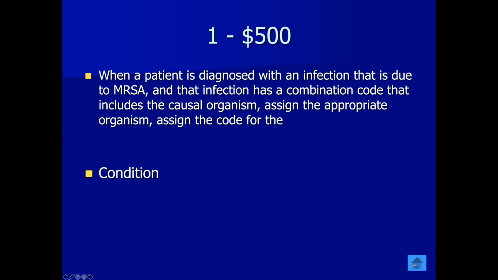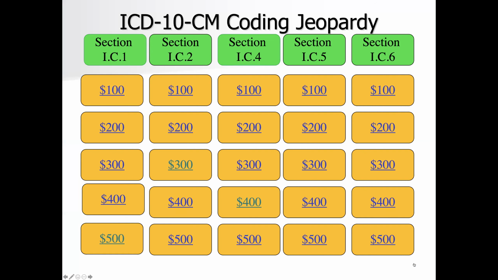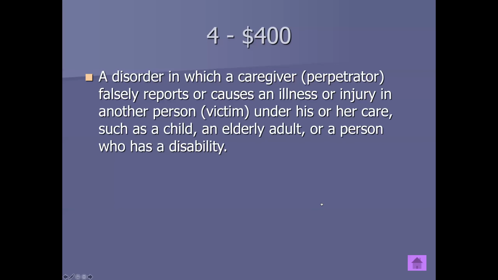And let me capture your points. Destiny, it's back to you again. Let's go section 5, 400. A disorder in which a caregiver, the perpetrator, falsely reports or causes an illness or injury in another person, who is the victim, under his or her care, such as a child, an elderly adult, or a person who has a disability.